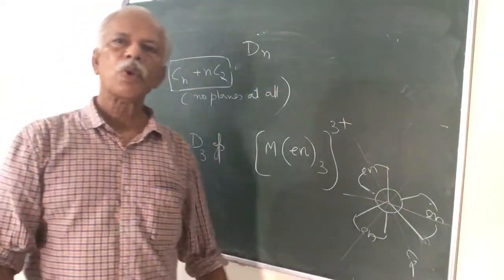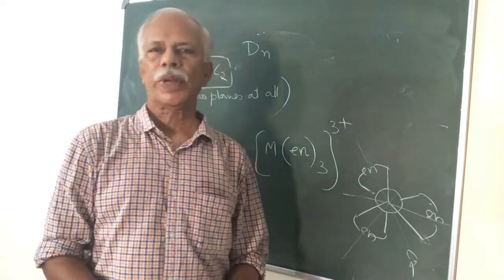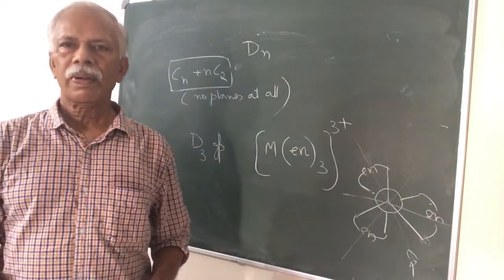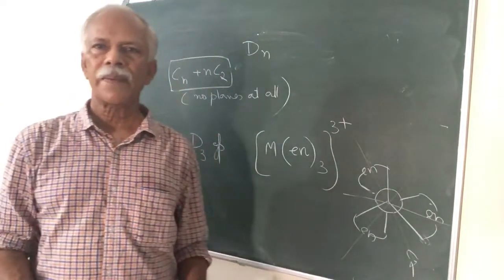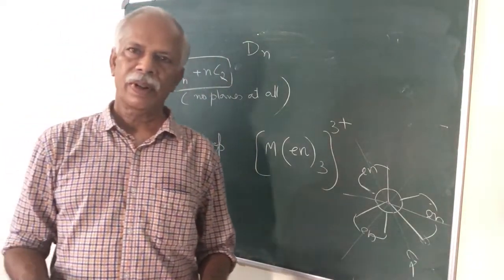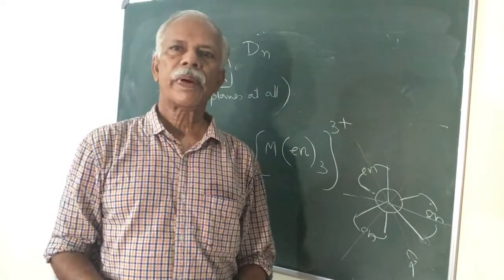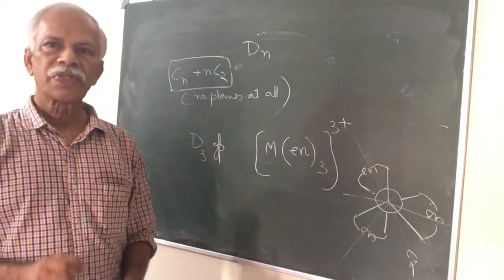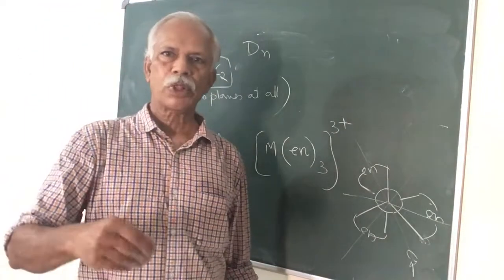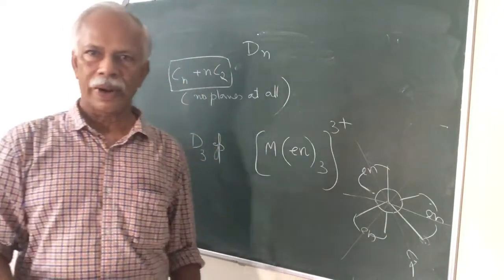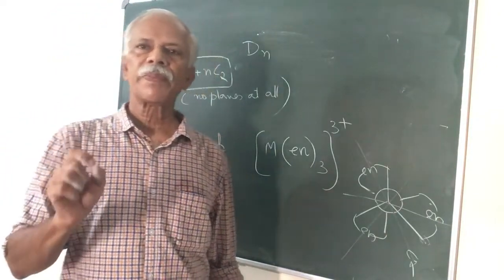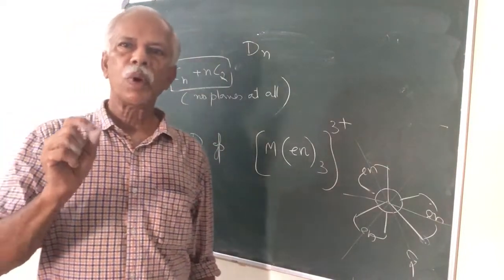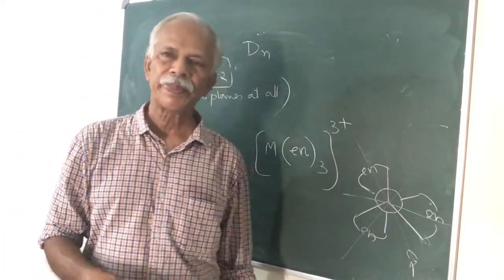Now we come to the most symmetric molecules. We will discuss this under a special title, special groups. To special groups belong spherical molecules, like monoatomic species, helium, neon, argon. They are all spherical in shape. In fact, a sphere is the most symmetric object.